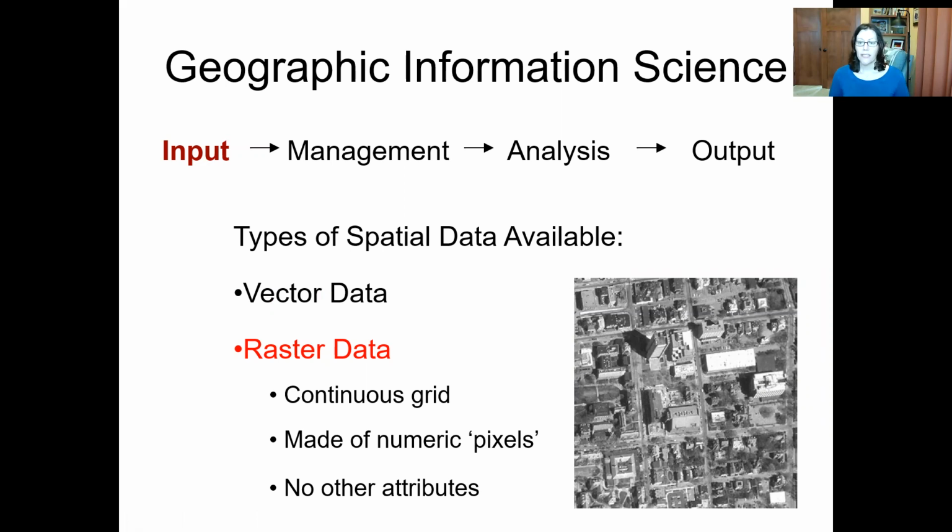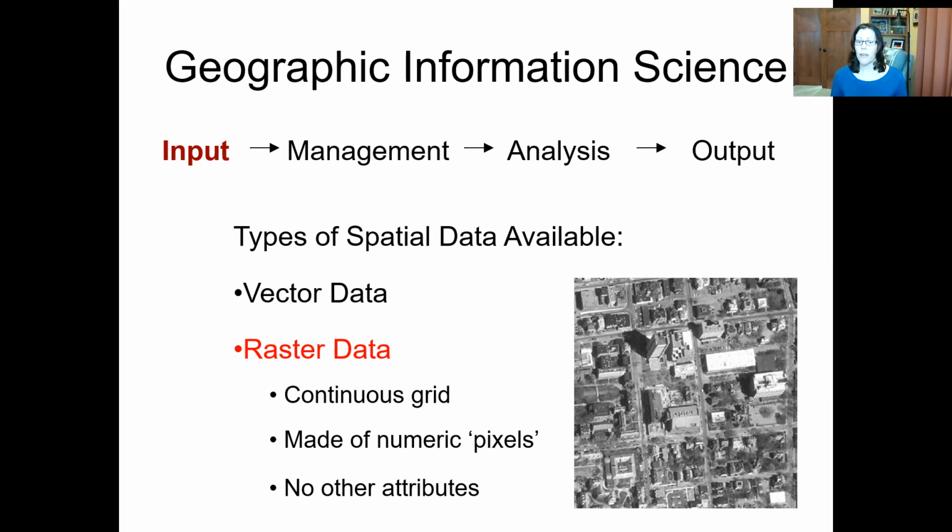Remotely sensed data, which are also often images of some sort, are almost always raster data. Topographic data are almost always raster data. So those continuous grids are made up of numeric pixels. That is the smallest unit, it's a square, that is the unit of measure for raster data. And each of those pixels is going to have a number assigned to it.